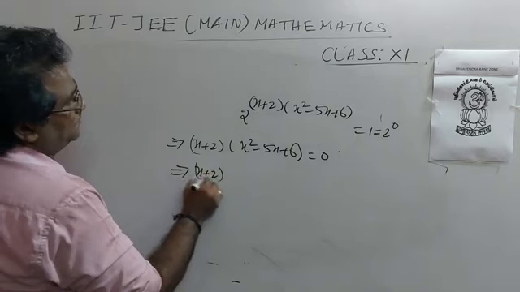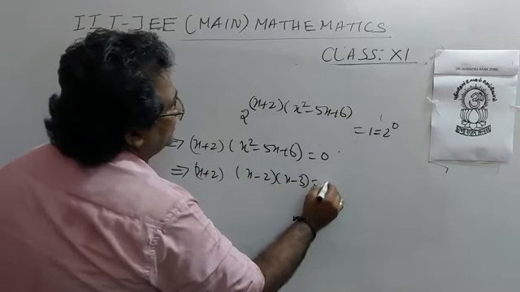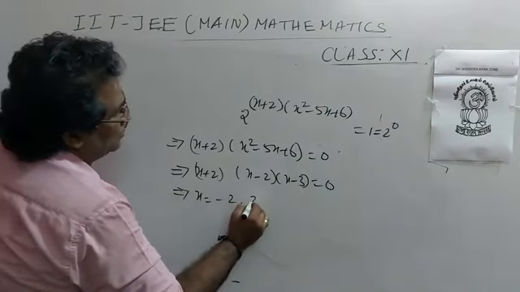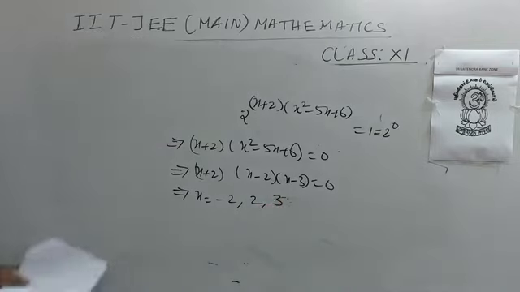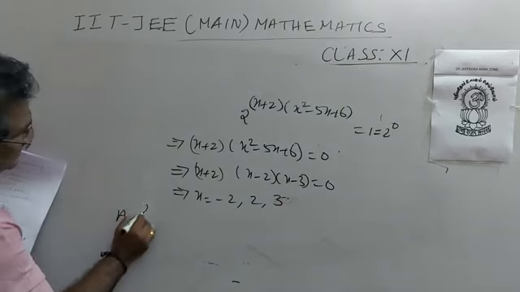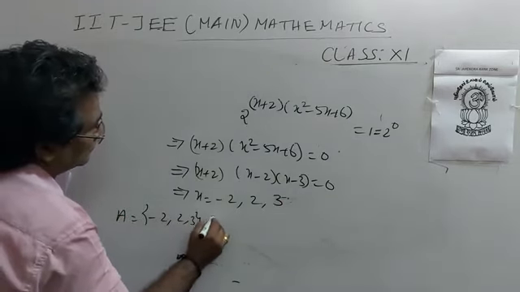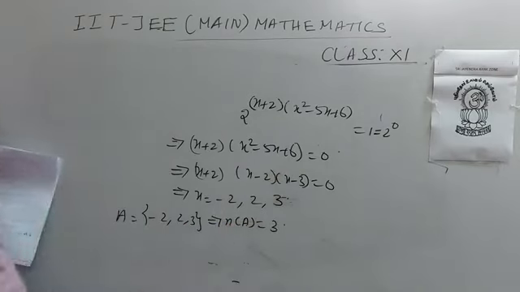That is, x plus 2, x minus 2 into x minus 3 equal to 0, which implies x equal to minus 2, 2, 3. So set A has 3 elements, n of A equal to 3.